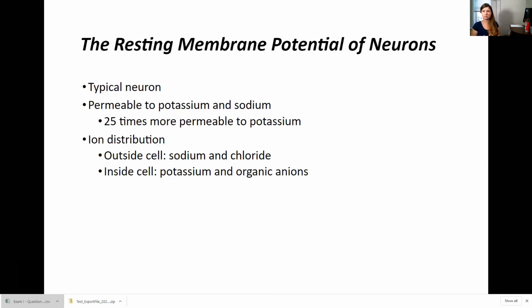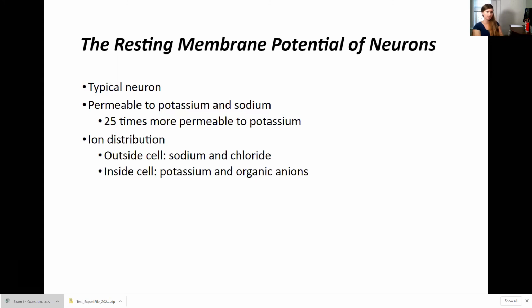So there are proteins, there are these channels for facilitated diffusion, basically. But we have a difference in the number of those channels. So our neurons are going to be 25 times more permeable to potassium than they are to sodium. So potassium can get across a lot easier than sodium can.